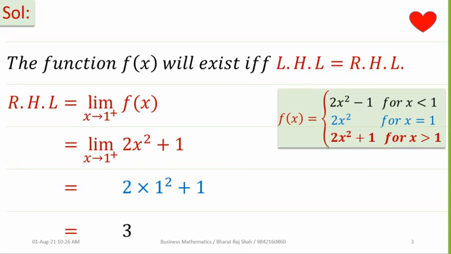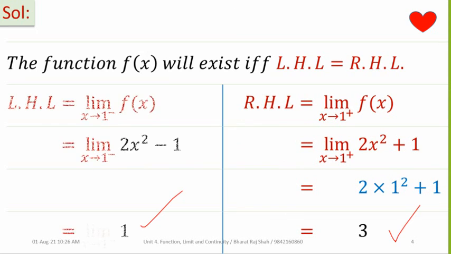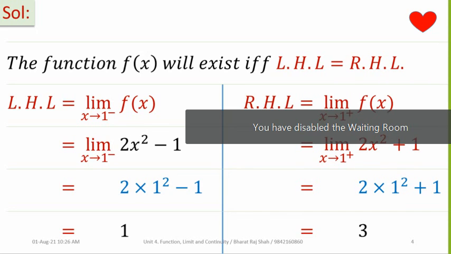And therefore, here we have written, and after selecting the third function, we have put the value of x as 1. And here, the value of the right hand limit comes to 3. Let's see what happens. This is the right hand limit, and this is the left hand limit.